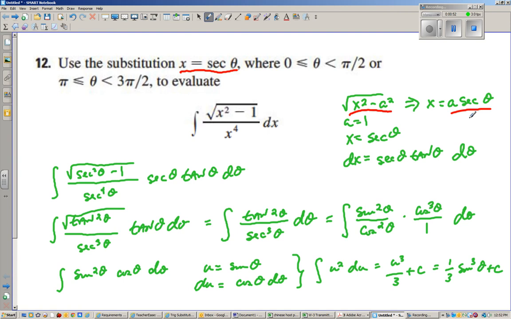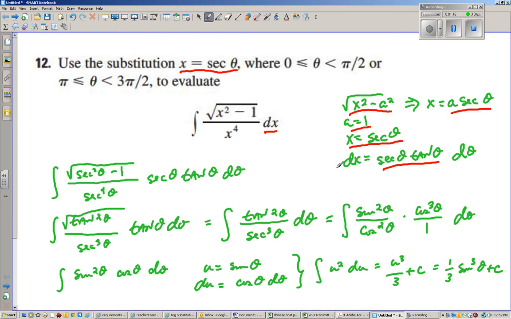So in this case, a is clearly 1, and if x is equal to a sec theta, then that suggests that x is secant theta, which of course they told us. We know we're going to be needing dx, so the derivative of secant is secant tangent.